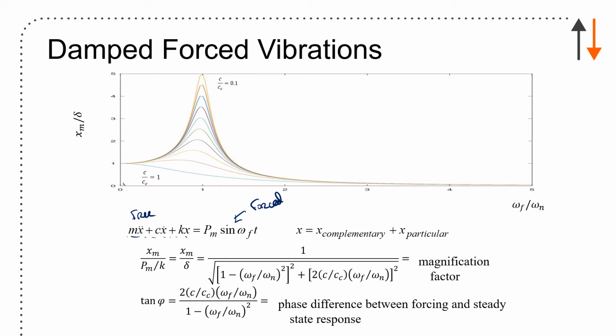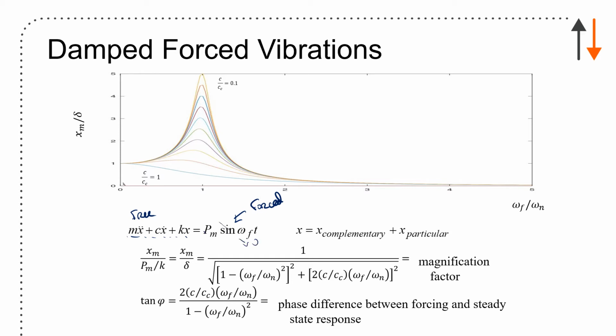But it's really not much of a stretch to go to the next step, which is this, where you have some sort of forcing frequency, sine omega f t. x equals x complementary, which is sort of the zero case here, where this is eliminated, plus the particular solution.